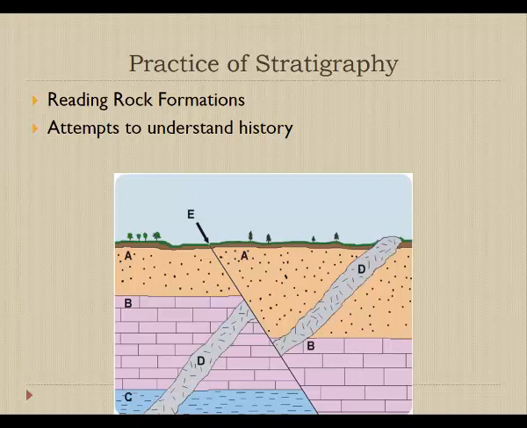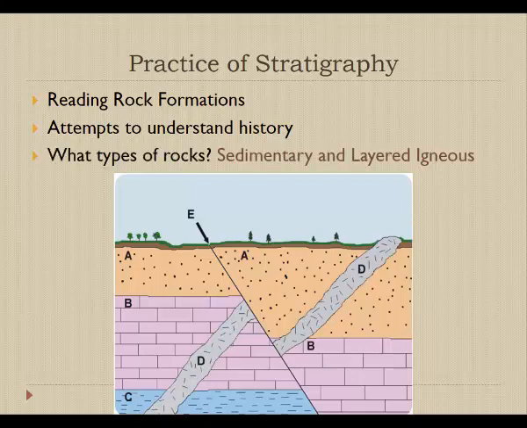And then the final thing that would have happened in this particular diagram is E, the fault that has displaced the D intrusion, but also layers A and B and part of C as well. And because that fault is displacing all of the things in the picture, it must have occurred after all of those things had already existed. And so, again, this is the kind of technique that geologists use to try to understand the history of landscapes.